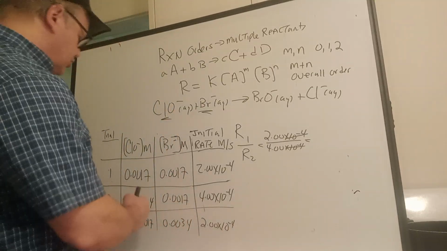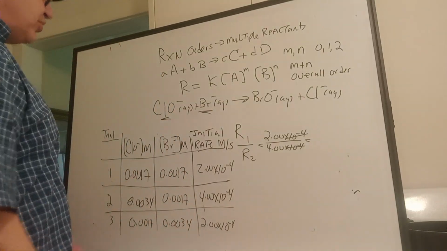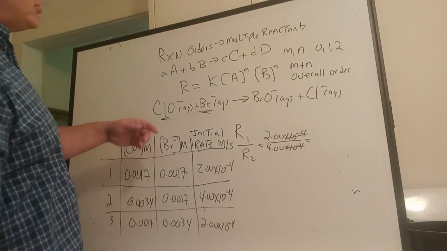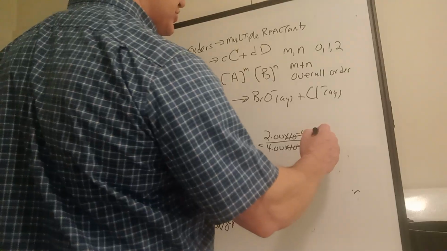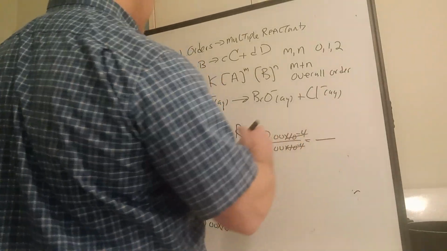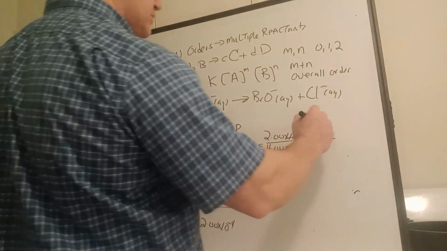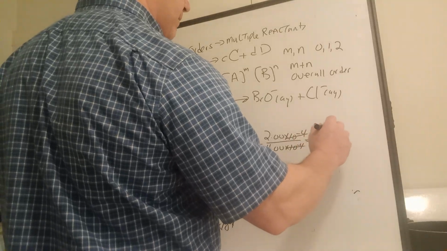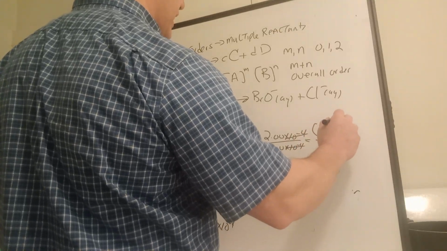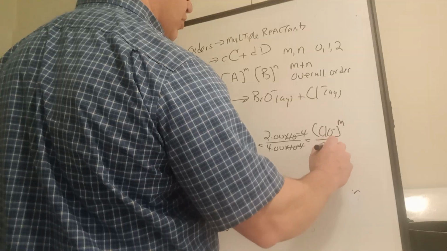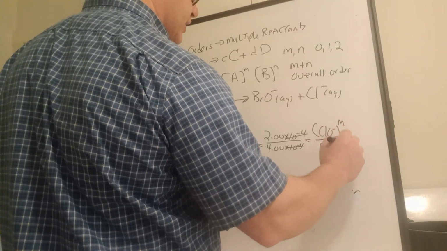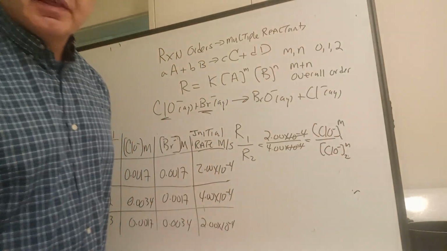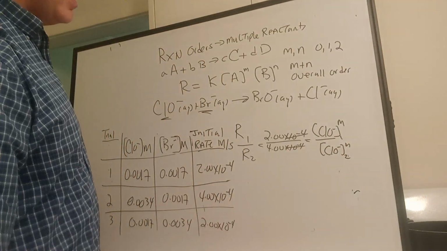I just chose to do trials 1 and 2. Now when I do this, I'm going to have the ratios of the concentrations of the species. We have ClO minus raised to the M, and I'll put a little trial 1 and a 2 here, representing that that's for the different trials.